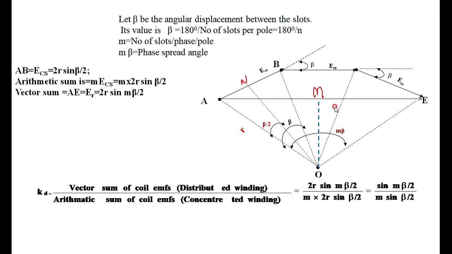AE is equal to 2 times AM. From the triangle, the angle is m beta by 2, that is 2R sine m beta by 2. You have to find AM. Once again you apply the sine function: sine m beta by 2 is equal to AM divided by R. Therefore, AE is nothing but 2 times AM.